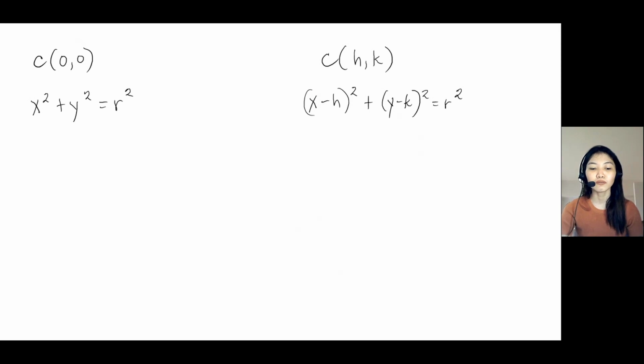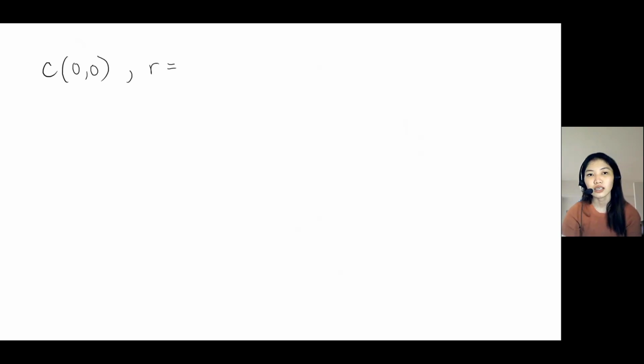So these will be the equations, or the standard form of the equation of the circle with center and radius. Now let's try to find the standard equation of the circle if the center is on the origin and the value of r is equal to 3.